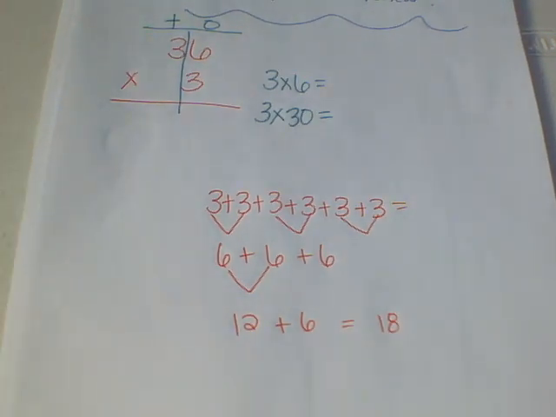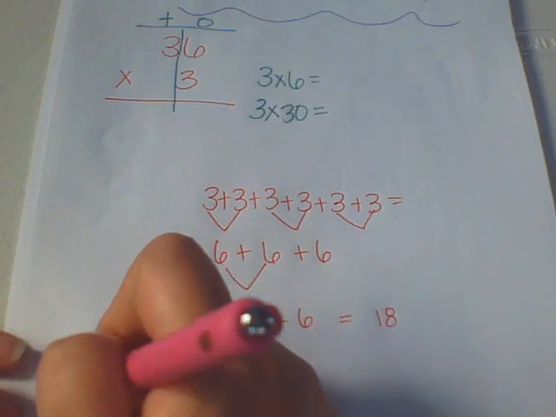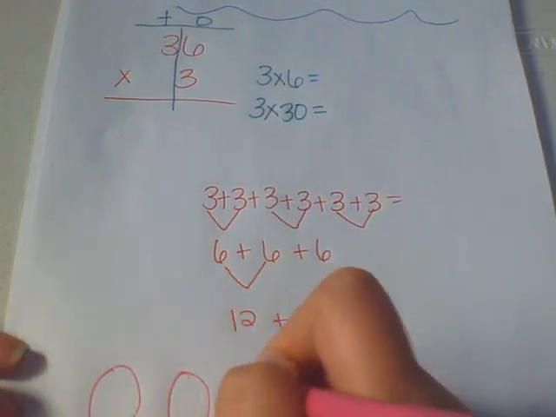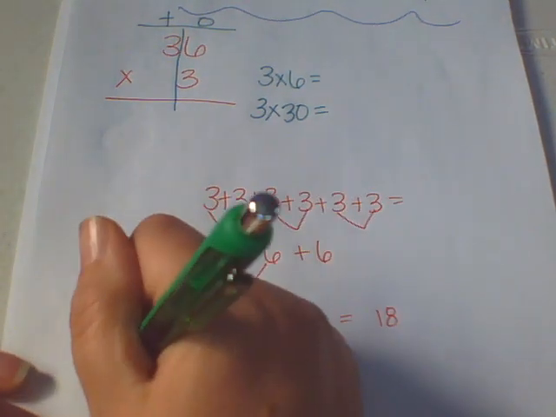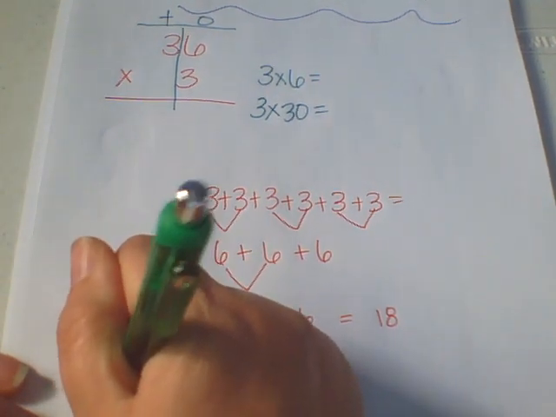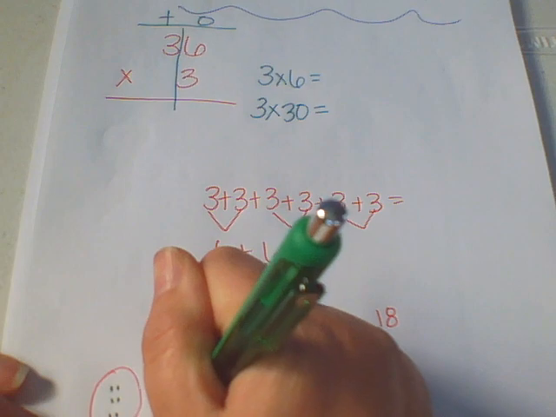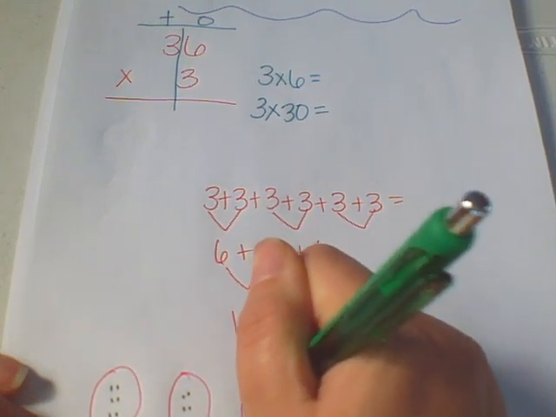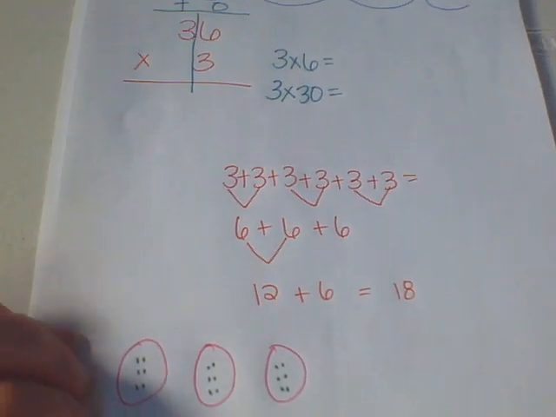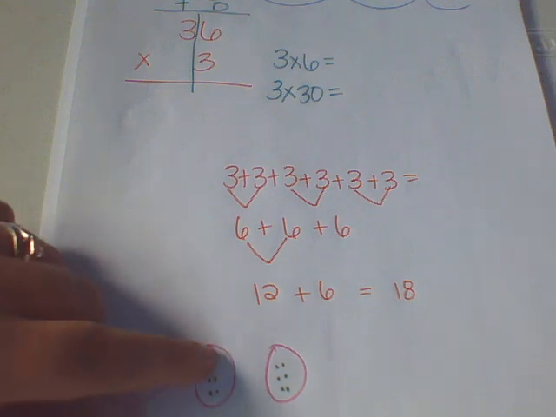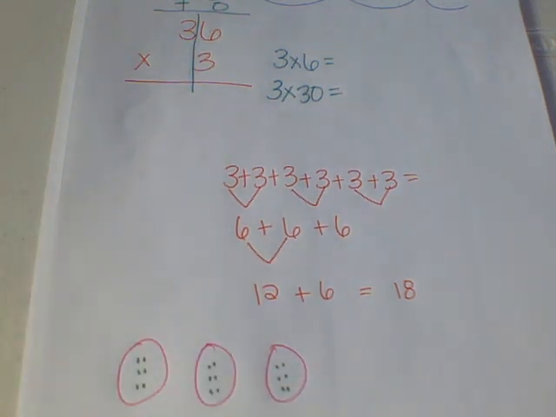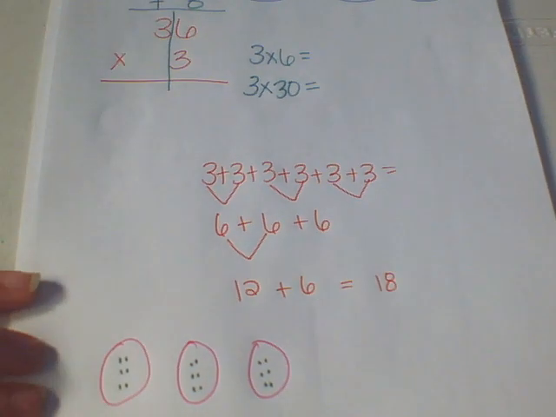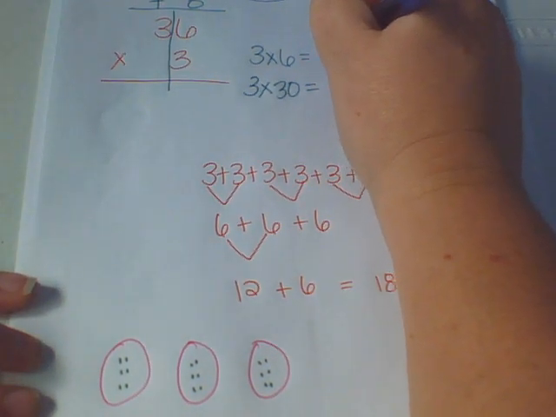I can also do circles and dots, right? I can draw 3 circles and I can put 6 dots in each. And if I count up the total number of dots, 6, 7, 8, 9, 10, 11, 12, 13, 14, 15, 16, 17, 18, I'm going to know that 3 times 6 was 18.